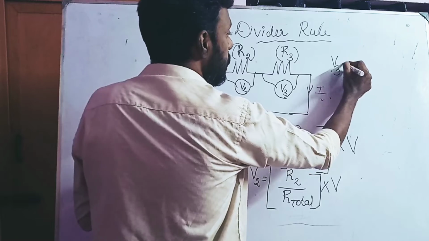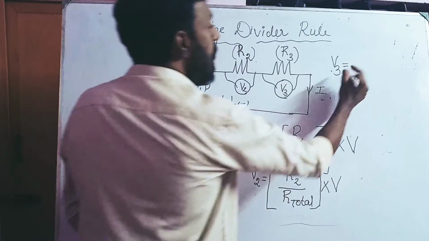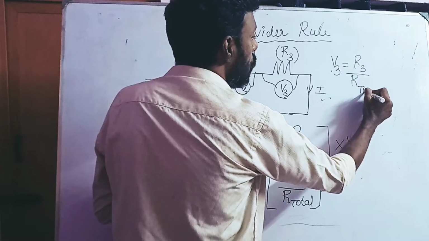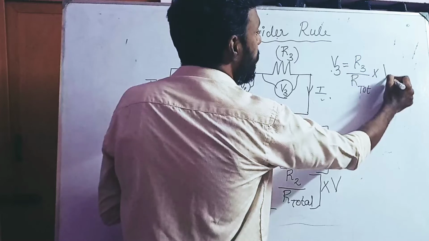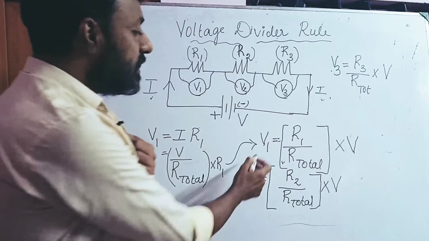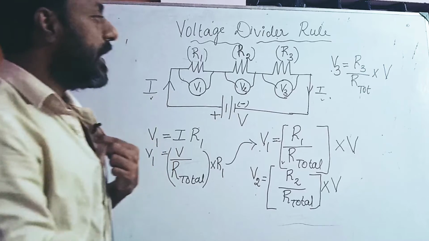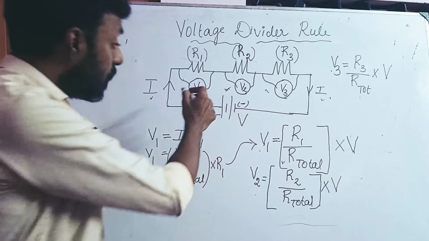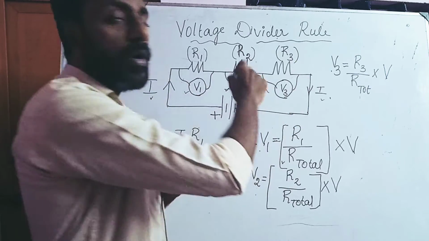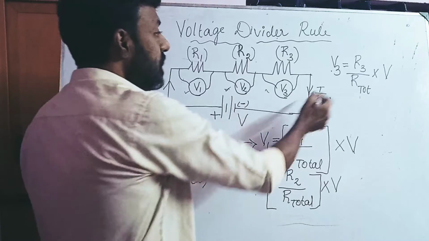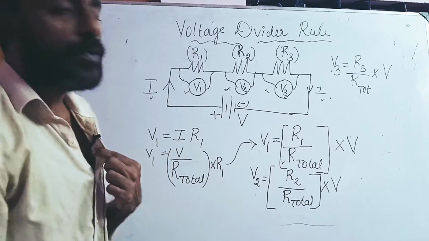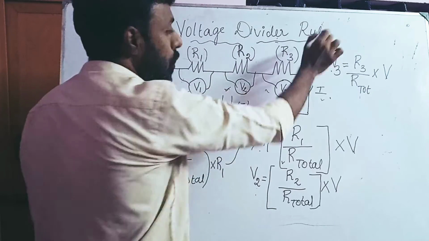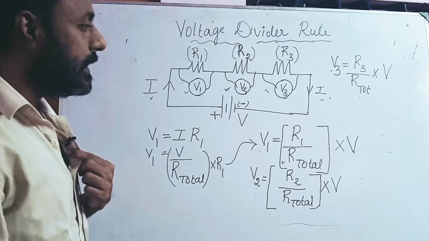V3 will be R3 divided by R total into the supply voltage V. So using these three formulas, I found the different values of voltages that have been developed across the various resistors. Okay, so V1, V2, V3 are the voltmeter readings when it is connected across different resistances. So this is called the voltage divider rule, or VDR.